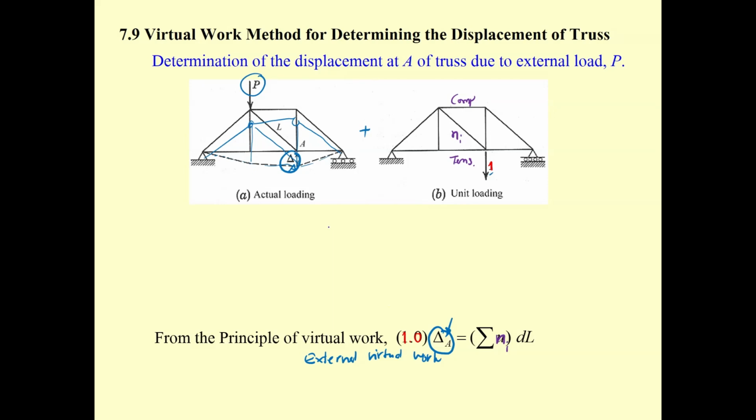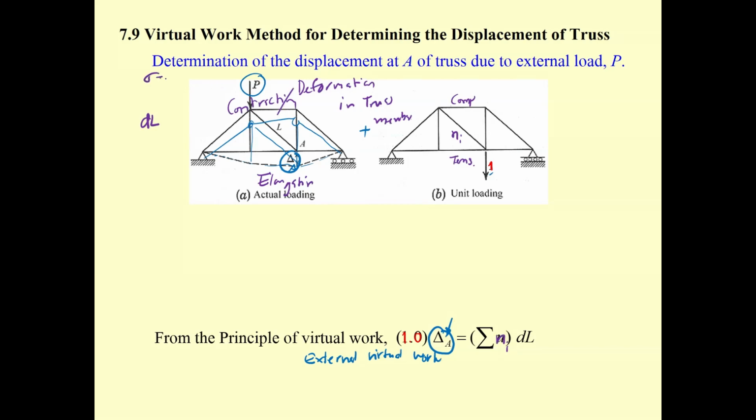And then there is deformation. In the truss, the member on the top is going to be contraction, and on the bottom is going to be elongation. That's going to be the term dL.